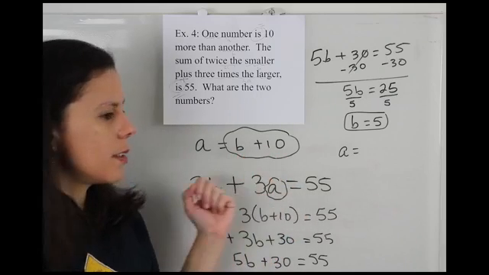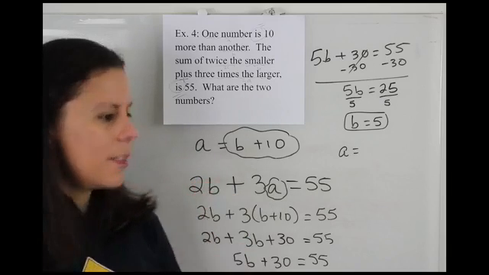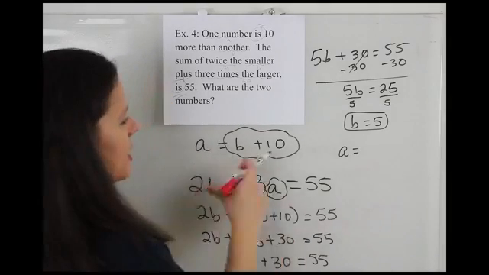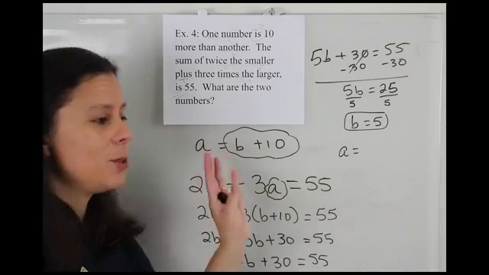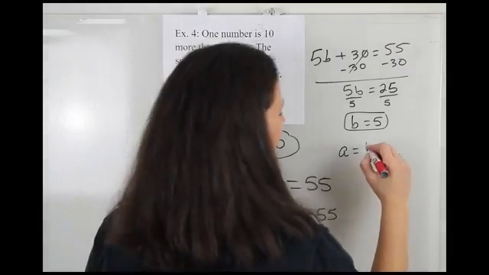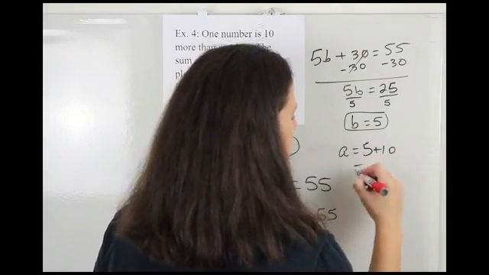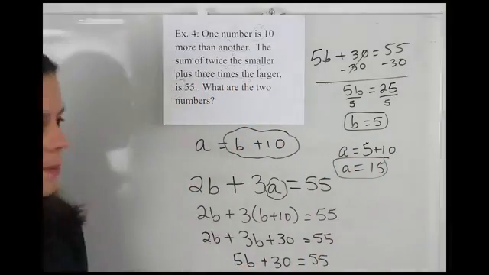So then 15. So a is equal to b plus 10. You could substitute it into the other equation, but it's going to take you forever to solve it. So don't do that. Just use this one. So a is going to be 5 plus 10, which is equal to 15. So a is equal to 15.